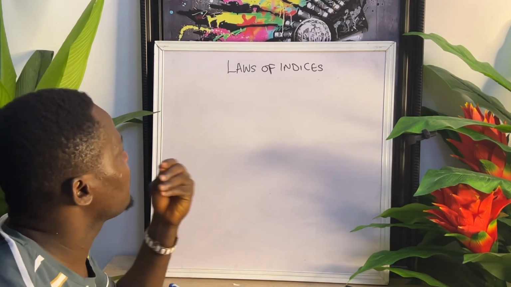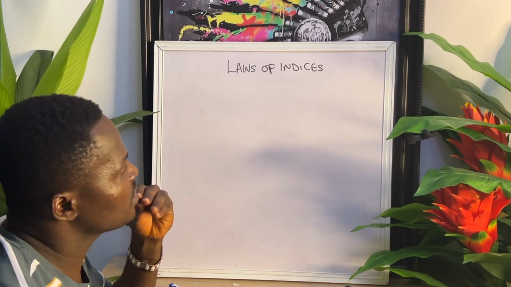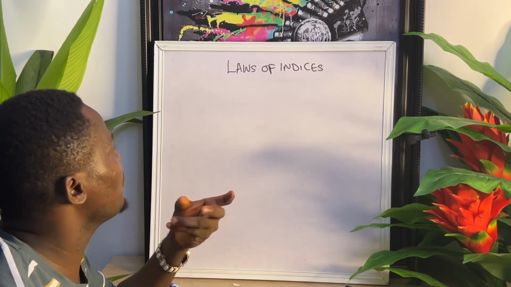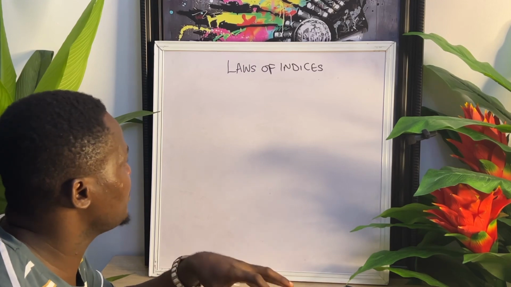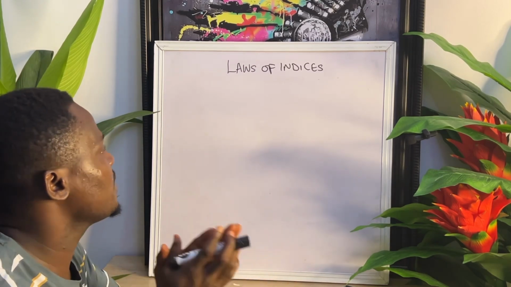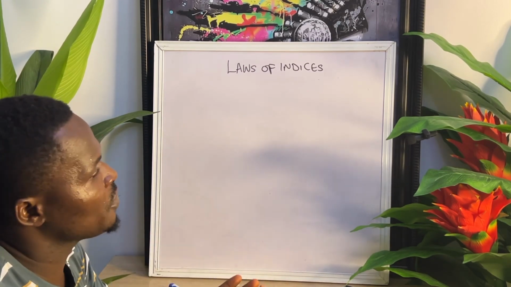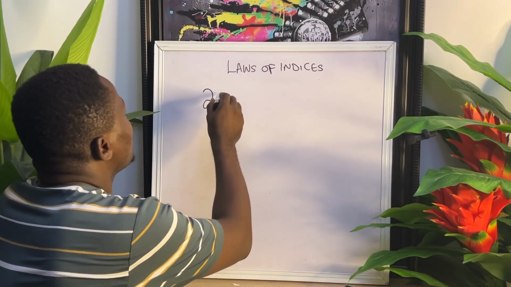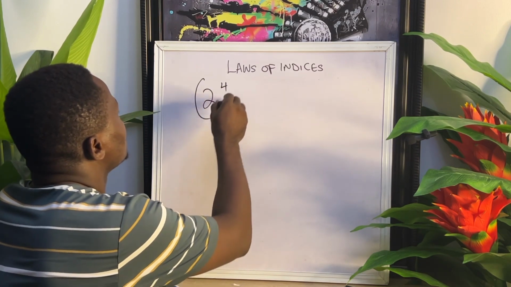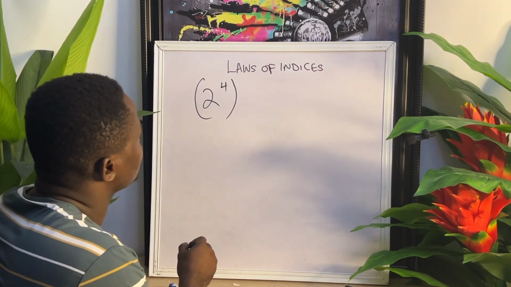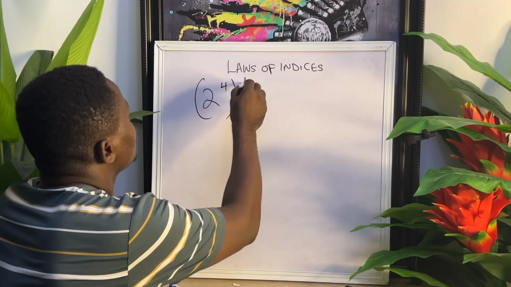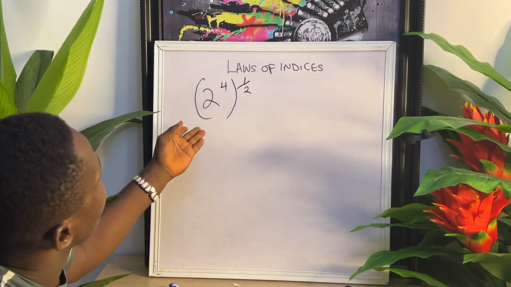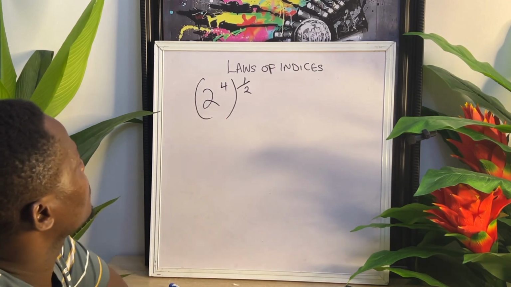We also have power and bracket law. This obtains in a situation whereby we have a number or a base inside a bracket with a power, yet another power outside the bracket. Take a look. 2 raised to power 4 inside the bracket, and outside the bracket 1 all over 2 as power. This is power and bracket law.